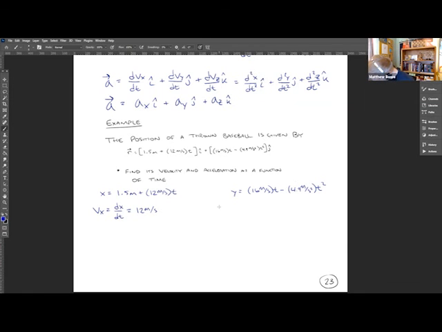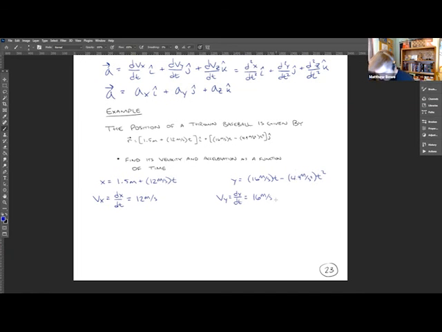So let's do the same thing. I'm going to take a derivative of y: 16 meters per second minus 2 times 4.9 meters per second squared t.